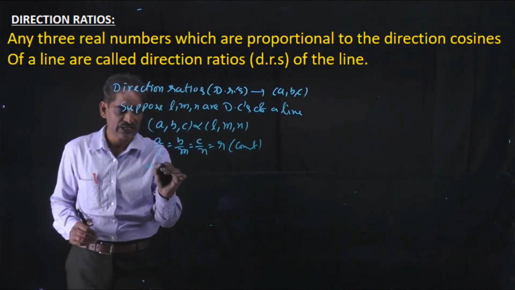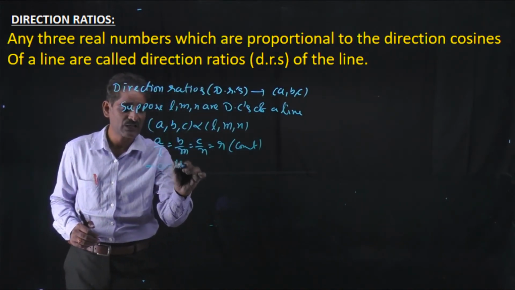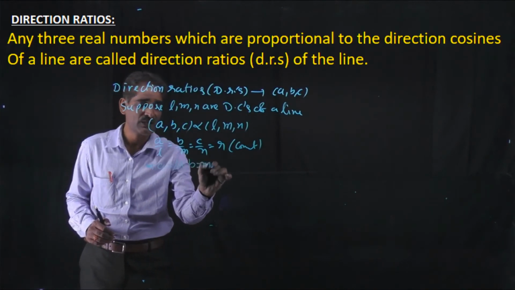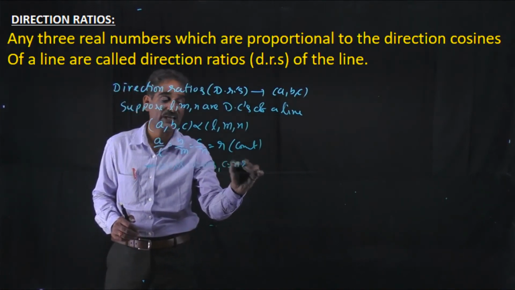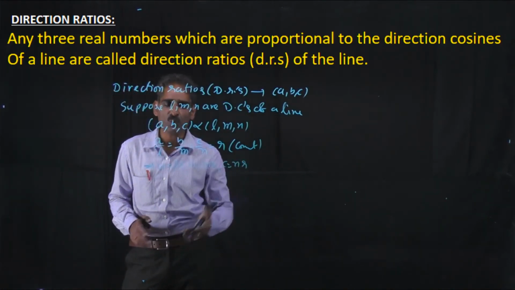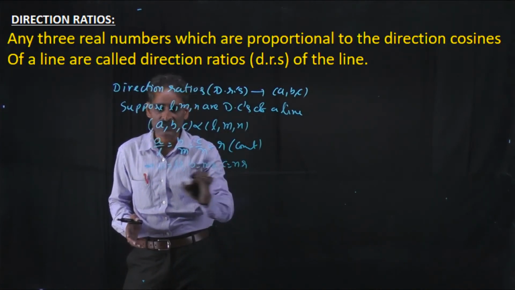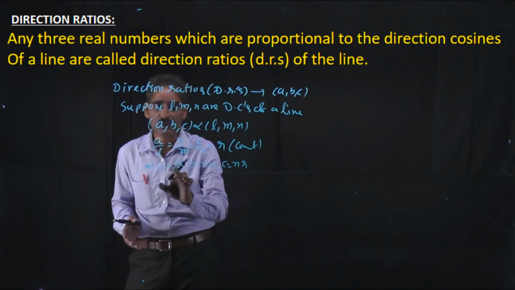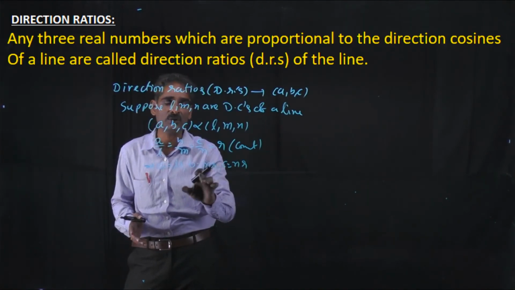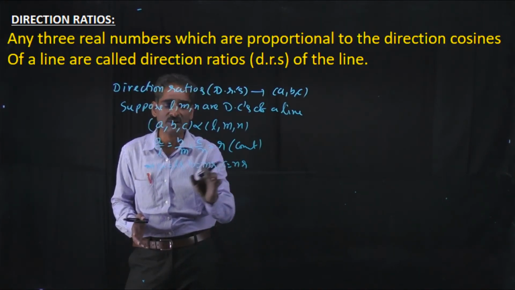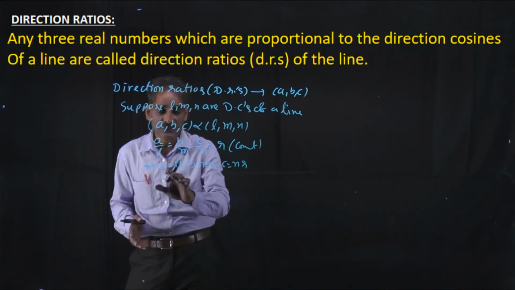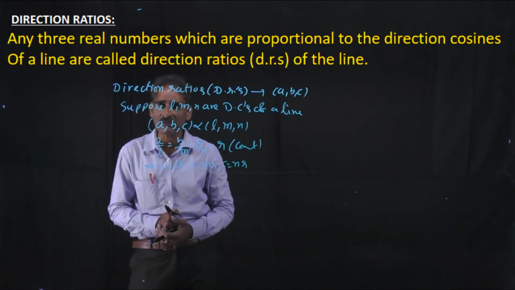From this we can write a is equal to lr, b is equal to mr, and c is equal to nr, where r is a constant. If a, b, c are any three real numbers and l, m, n are the DCs, then a equals something into l, b equals something into m, c equals something into n. This is a constant term. So these are the DRs of the line.